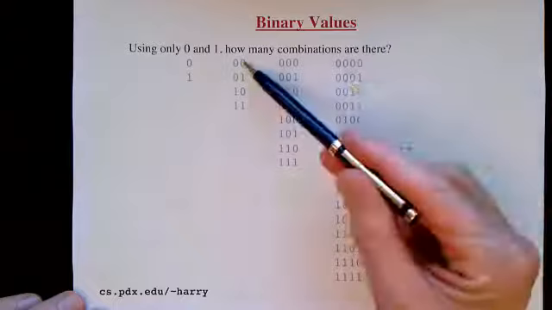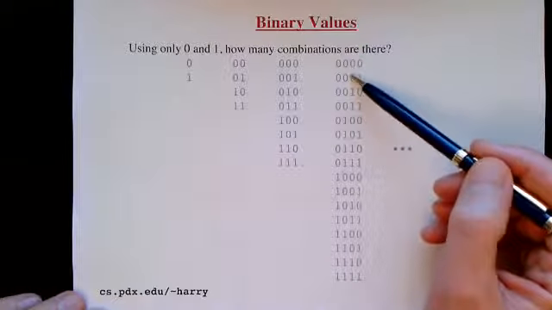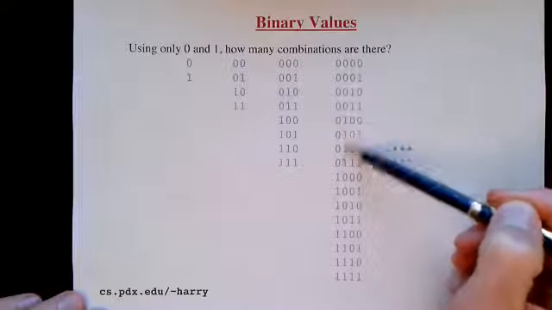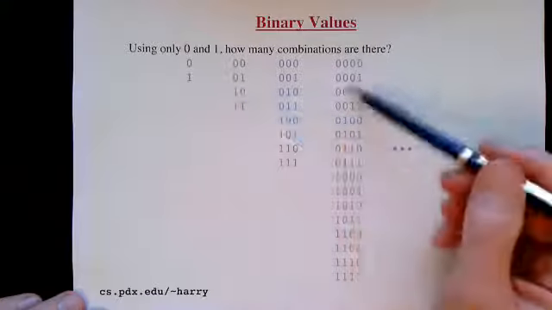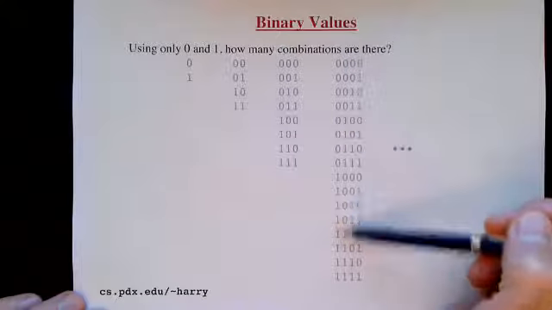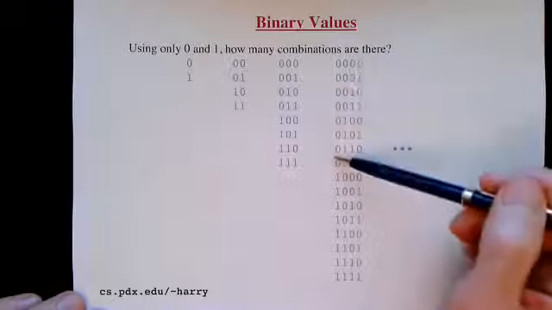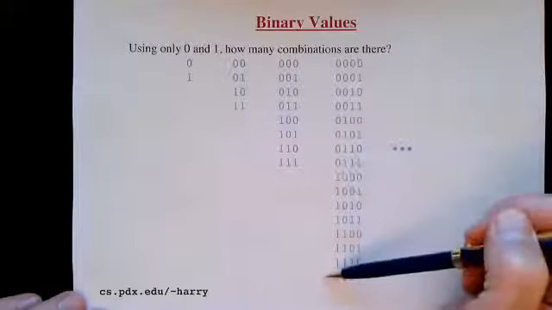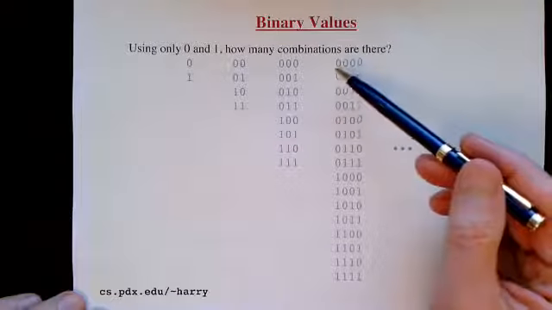And then we have the second bit right here. It goes 0, 0, 1, 1, 0, 0, 1, 1, and we're picking that up from here. And then the third bit, there are 4 zeros, 4 ones, 4 zeros, 4 ones, and finally 8 zeros and 8 ones. And the pattern would continue if we had 5 bits or 6 bits or more bits.